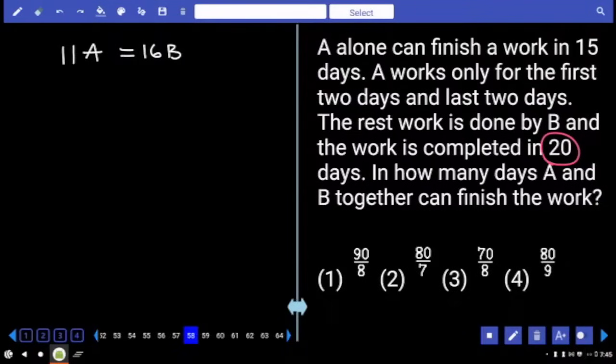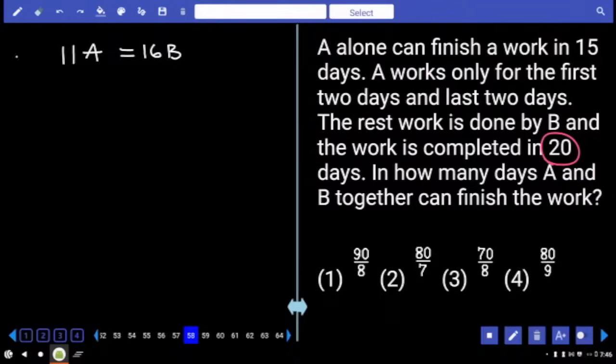If I talk about only the remaining work, A already worked for 4 days. The remaining can be done by A in 11 days, but that is done by B in 16 days. So 11 days work of A is equal to 16 days work of B. Logical conclusion. Are you okay with this?